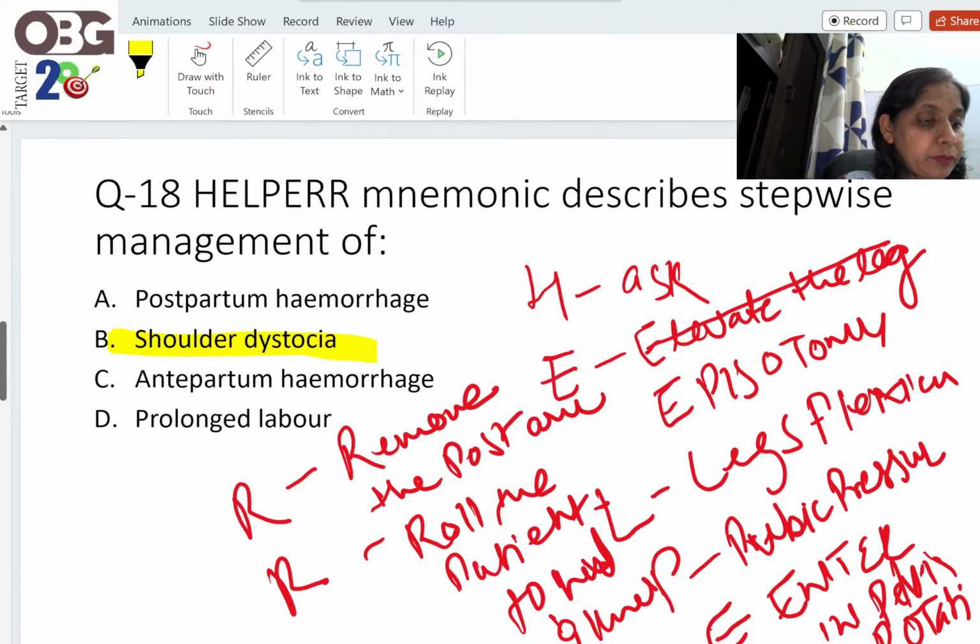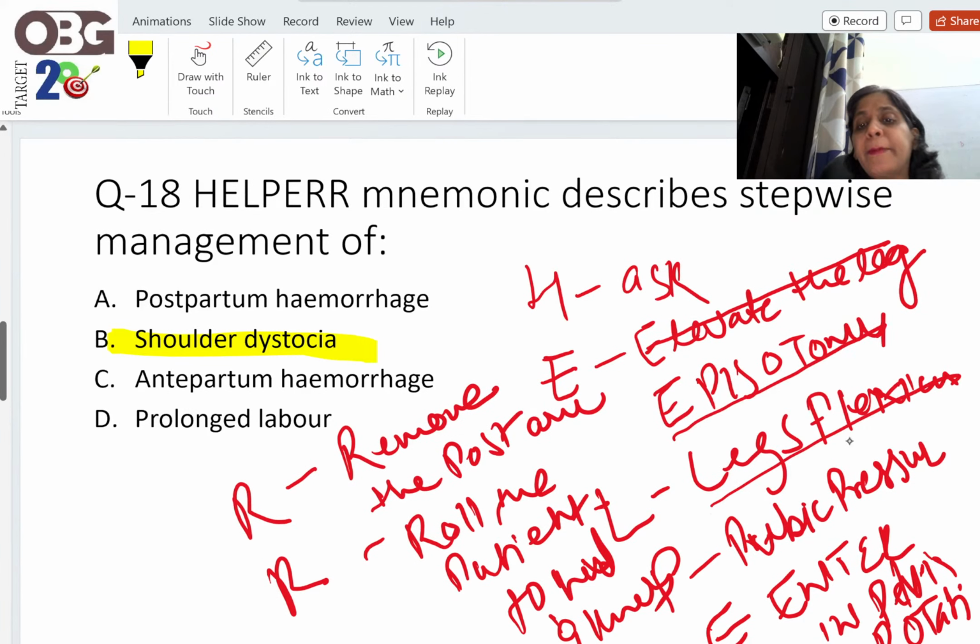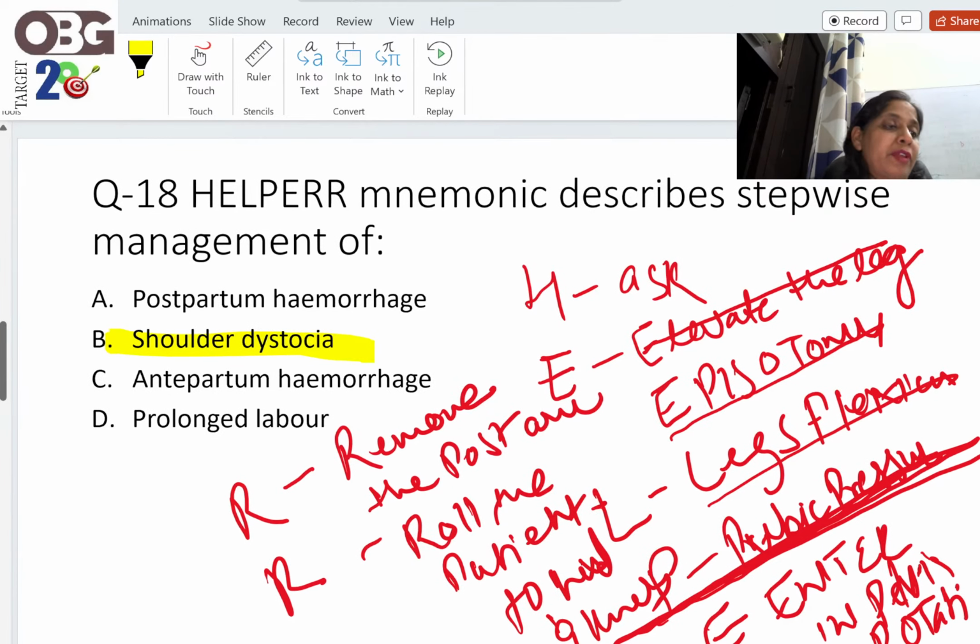Do you agree with me? So H stands for ask for help, E stands for episiotomy, L stands for leg flexion, P stands for pubic pressure. Up till this you know everything. You know McRoberts, we have to do the pubic pressure, suprapubic pressure.